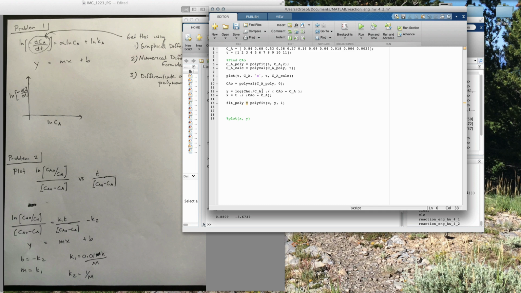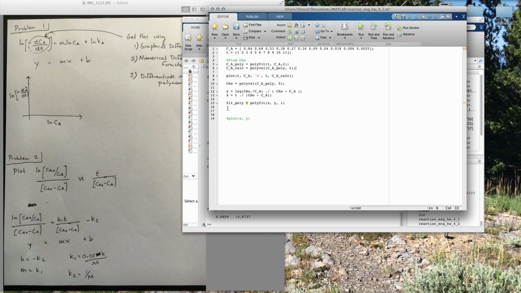And so this is y in this scheme, and this is x. I calculated these: y is equal to the natural log of Ca naught divided by Ca, divided by Ca naught minus Ca. And x is equal to t divided by Ca naught minus Ca.